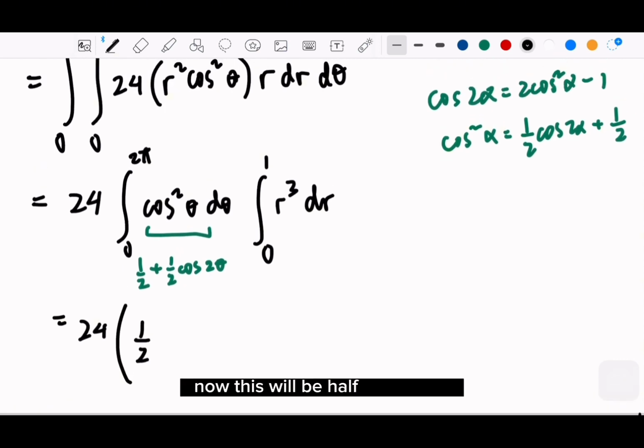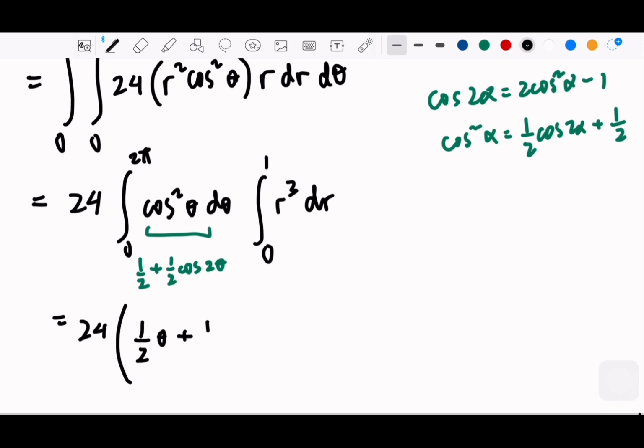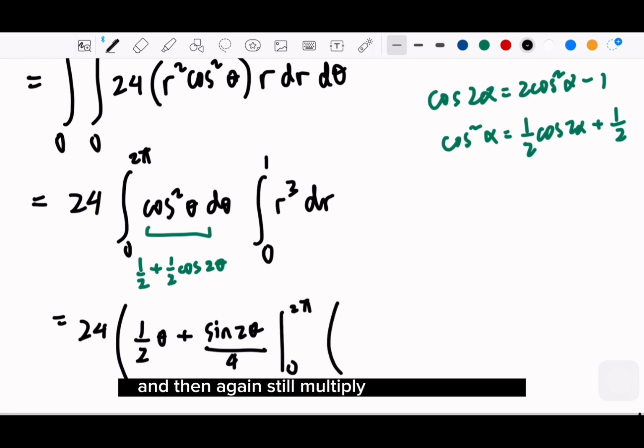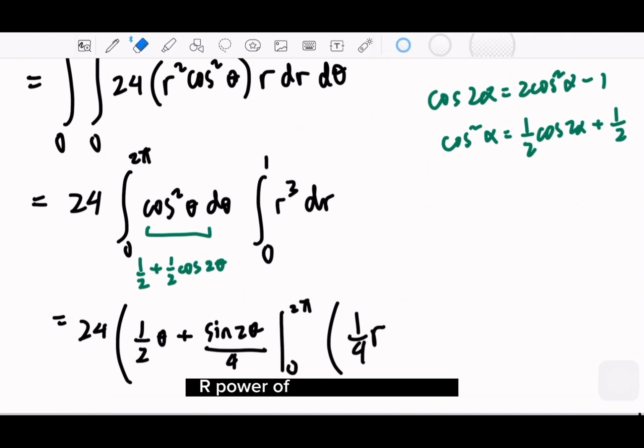Now this will be half theta plus, cosine becomes sine, so sine 2 theta over 4, right? And then this is from 0 to 2 pi, and then still multiplied with 1 over 4 r to the power of 4 from 0 to 1.